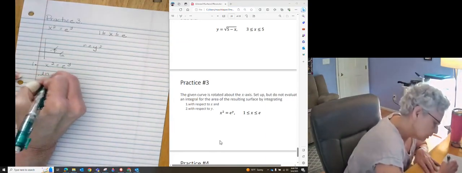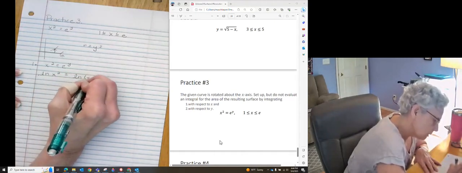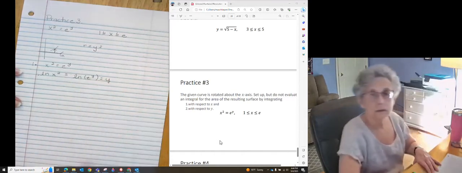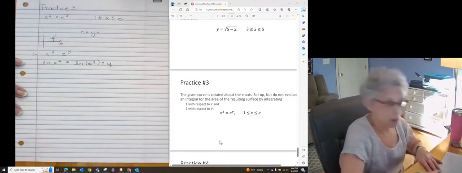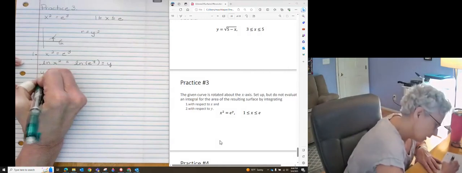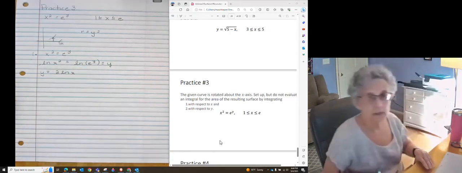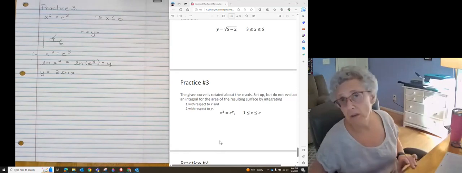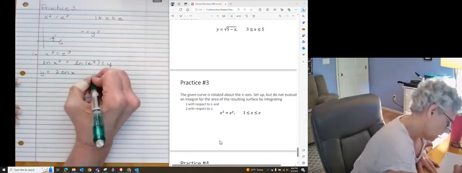So natural log of x squared is equal to the natural log of e to the y, which is just y. Well, I know the laws of logarithms. y is equal to 2 times the natural log of x. Didn't have to do that, but if you can, why not make your life easy by getting rid of exponents?